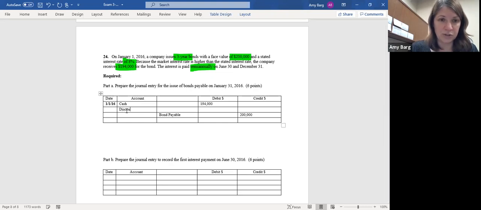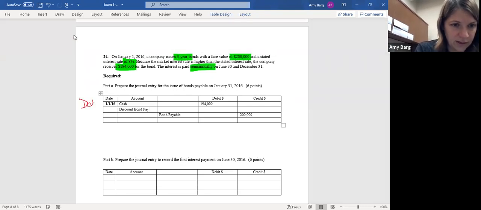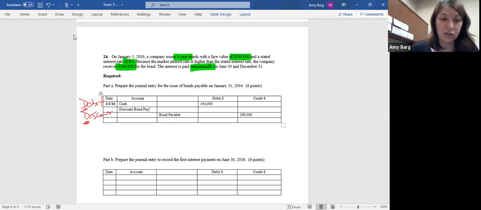So we are going to debit the discount when you first issue it. This is just something you've got to remember, but debit the discount, the D's, just when you first issue it though.